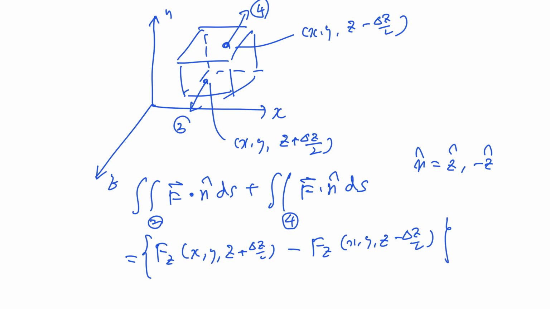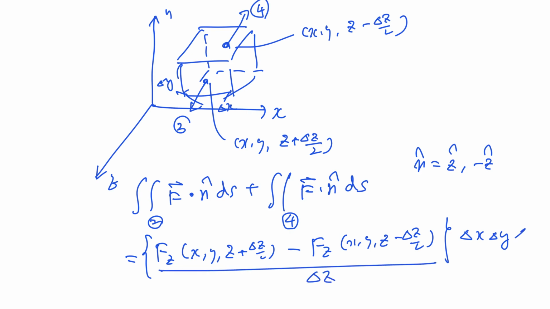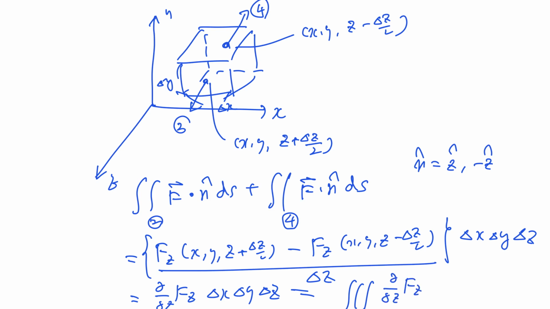And the surface is delta x, delta y, right? So you can do the same thing. You divide by delta z, multiply by delta z, then it becomes partial fz over partial z, delta x, delta y, delta z, and can be converted into the volume integration, partial fz over partial z dV.